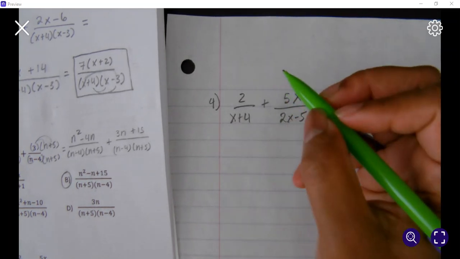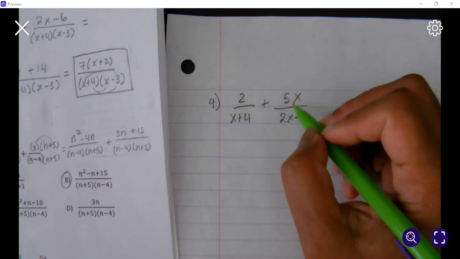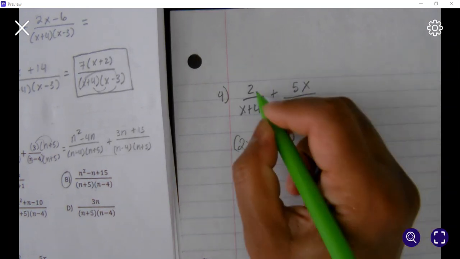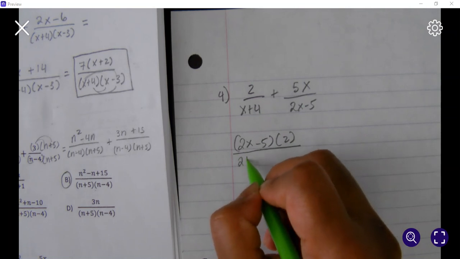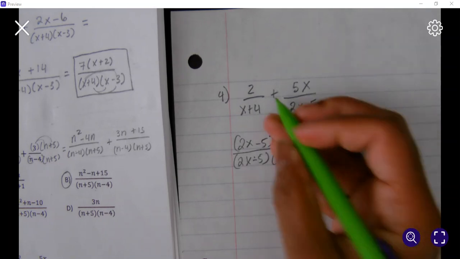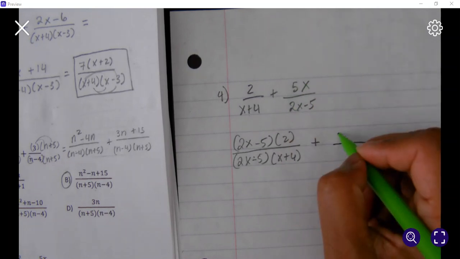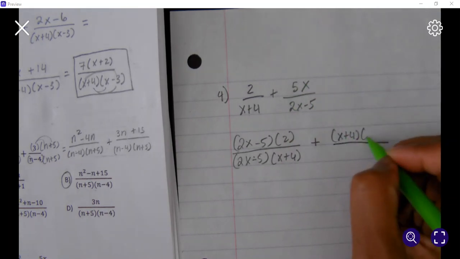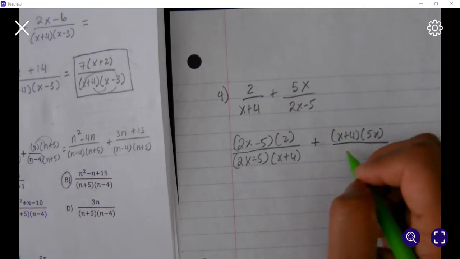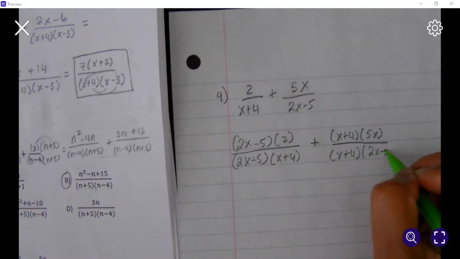I'm not going to do any of the shortcuts here, so I'm going to multiply top and bottom by the other denominators. You have 2x minus 5 times 2 in the numerator over 2x minus 5 times x plus 4, plus, and in the numerator x plus 4 times 5x, and in the denominator x plus 4 times 2x minus 5.